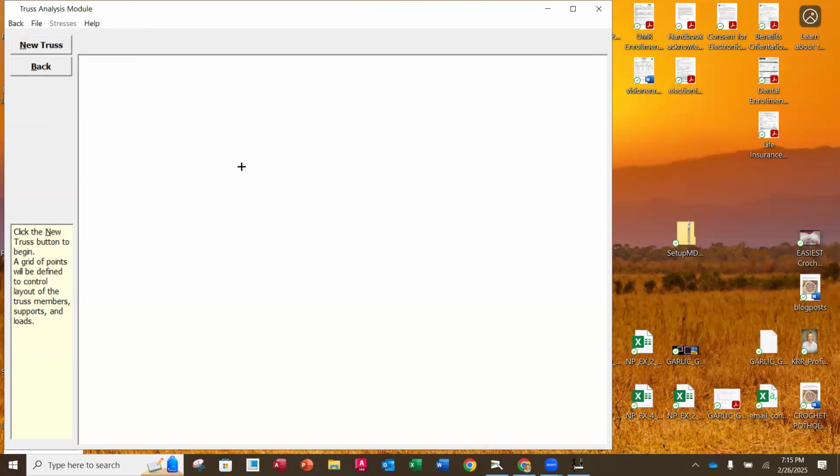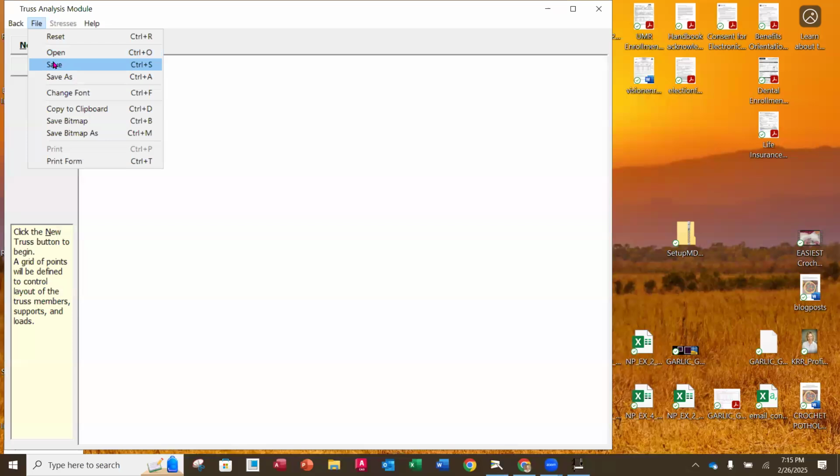In between, let's say you want to do a couple of these trusses at once. What you can do is go up here and hit New Truss and then it'll clear it and you'll be able to start a new truss. Okay. And that's really it. If you want to, you can file save each one of these. They don't take long to create.